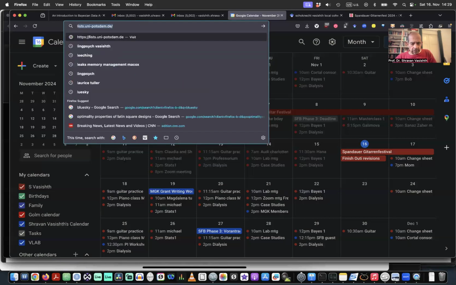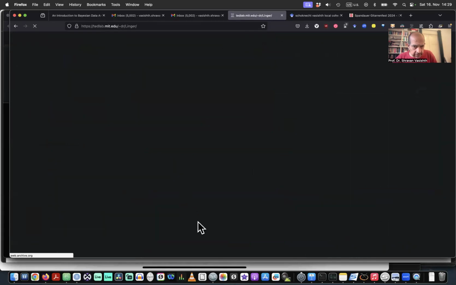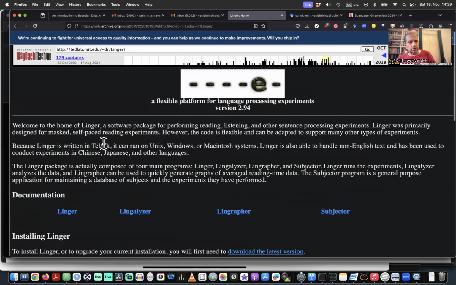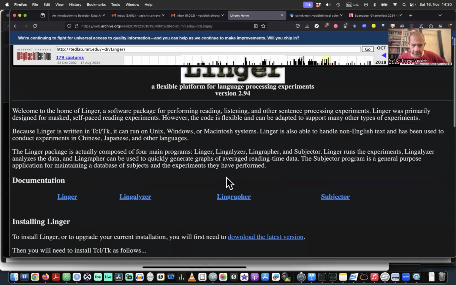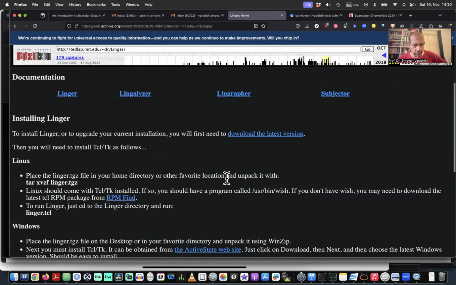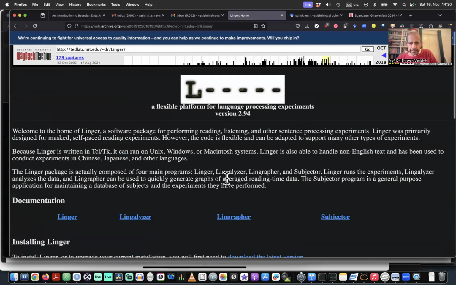I don't know if it exists anymore now, but yeah, there's the package called Linger that allows you to run language processing experiments, and it can run self-paced reading studies, and it's a very standard software that's used quite widely, or used to be at least used quite widely for running these kinds of experiments.